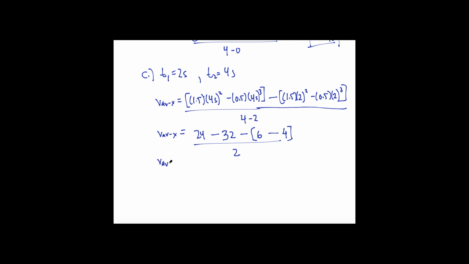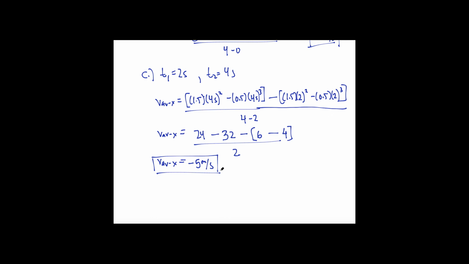So my average velocity for part C is going to be 24 minus 32, minus 6 minus 4, which is negative 10, all over 2. And so this gives me an average velocity of negative 5 meters per second.